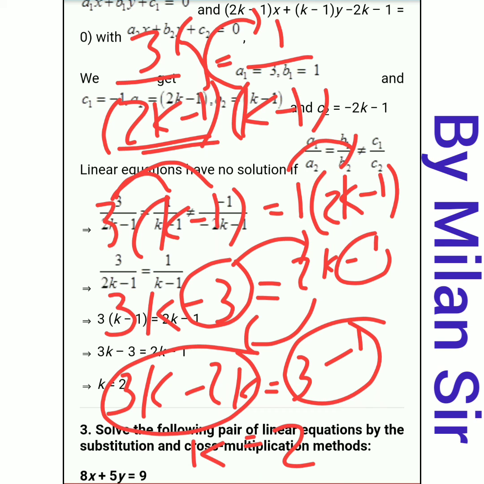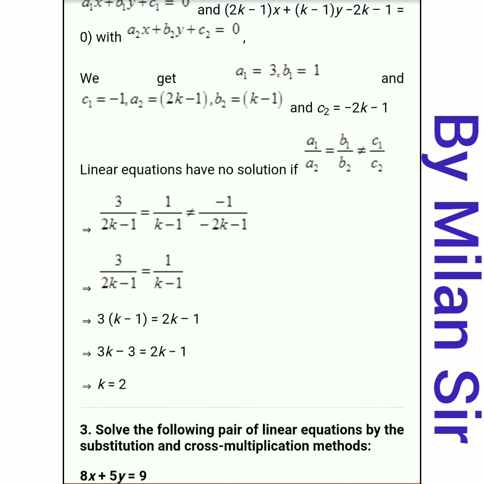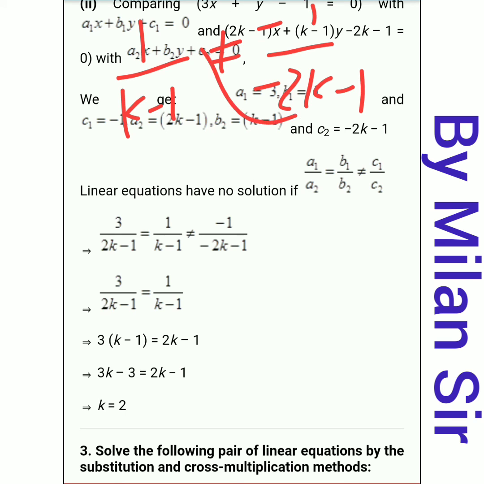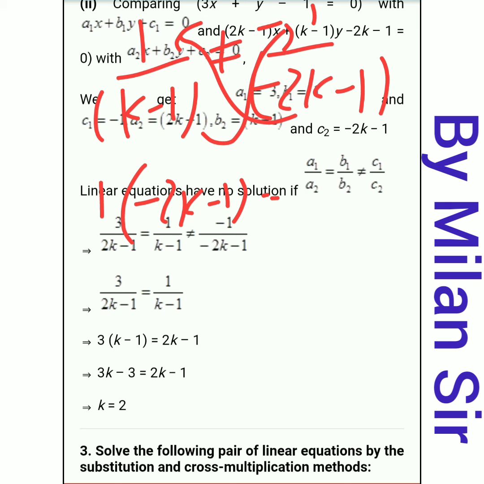Okay. Then we need to check second condition too. Our second condition is 1 upon k minus 1 is not equals to minus 1 upon minus 2k minus 1. Transfer this bracket to the left hand side. Okay, so 1 into minus 2k minus 1. Now transfer this k minus 1 to the left hand side. So minus sign is there.